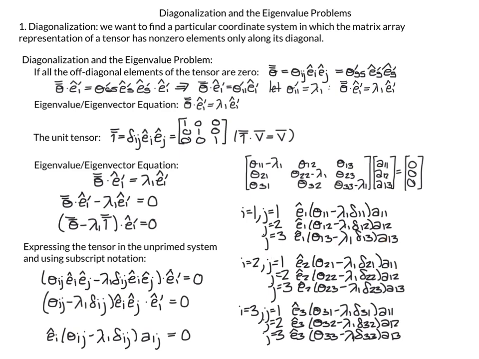Now you can see on this next row, it's kind of the same thing. Here's my row, these elements, and it's this row times this column. This first element is e2, so we're in the e2 row. Sigma 2, 1 minus lambda 1, but the delta is 2, 1, so this goes to 0, and you're left with sigma 2, 1.